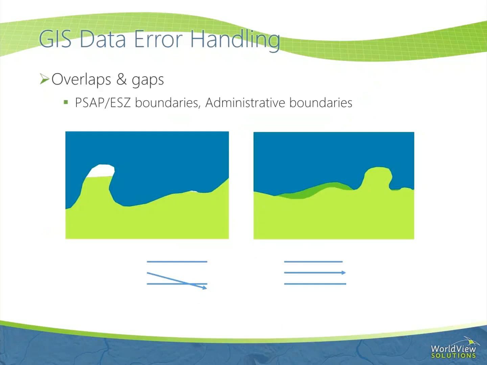So, overlaps and gaps with your PSAP or your ESZ boundaries or your administrative boundaries. When it comes to creating and maintaining polygonal boundaries, such as PSAP or emergency service zones, it's imperative that no overlaps or gaps exist.